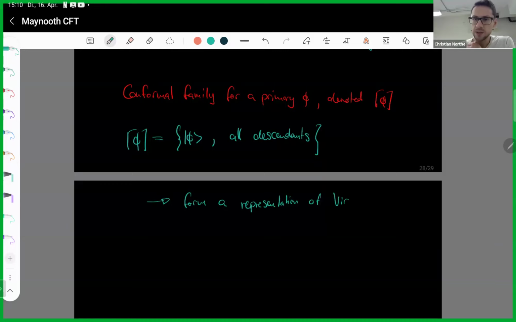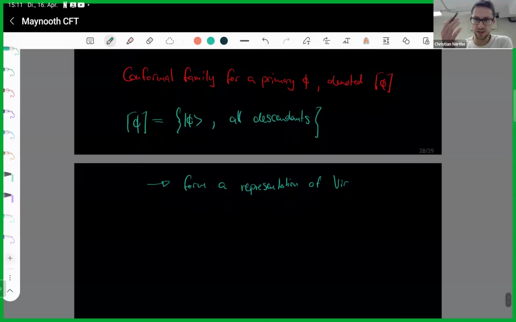In fact, when we say conformal family, we're always going to mean an irreducible representation of the Virasoro algebra. And I'm going to explain in a minute what I mean by reducibility of a conformal representation, of these Verma modules that we discussed.